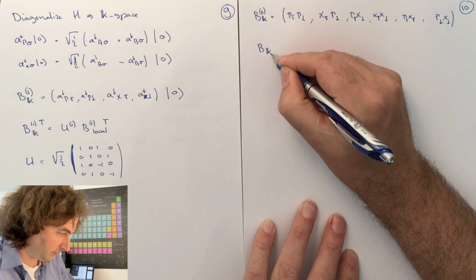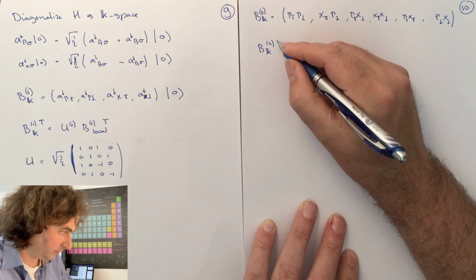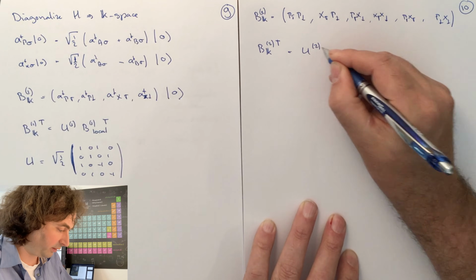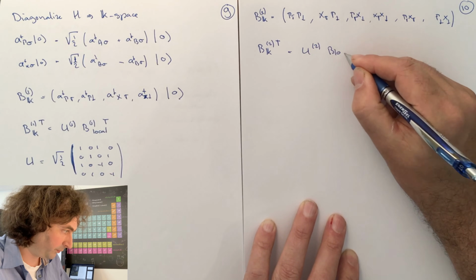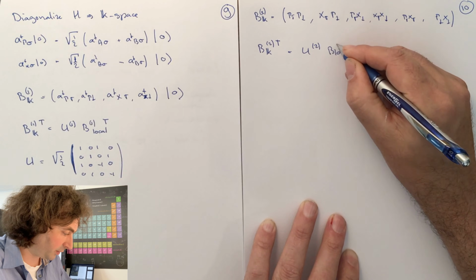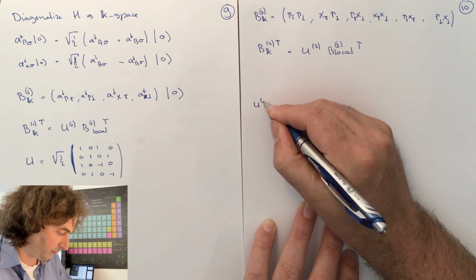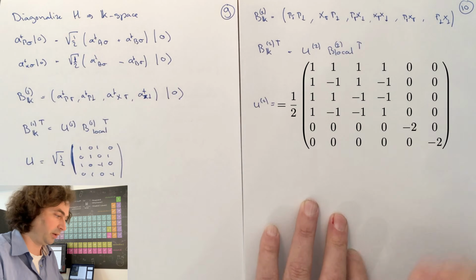And we can obtain our basis in momentum space again by a unitary transformation from the local basis, and that unitary transformation is given here.